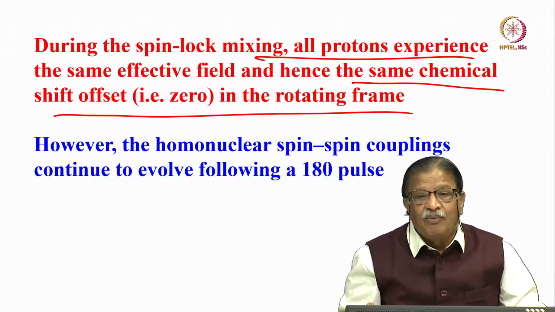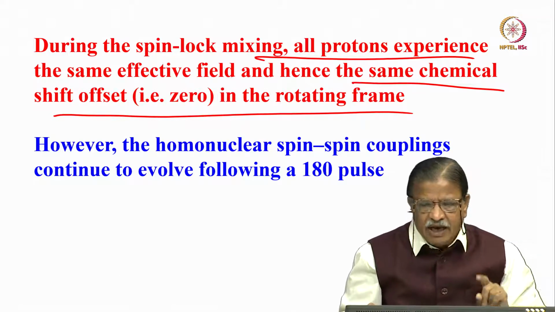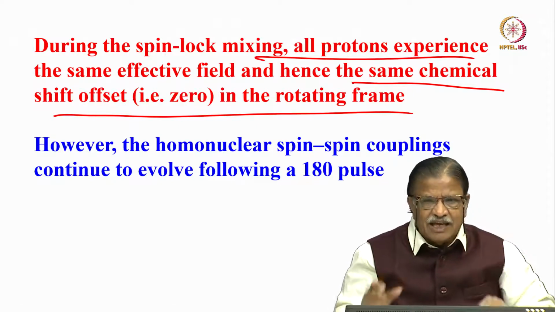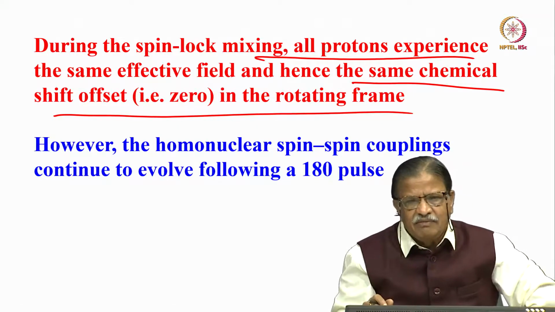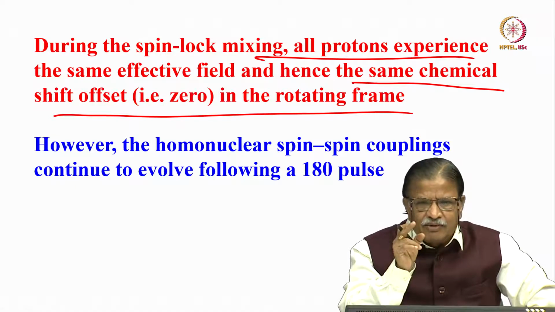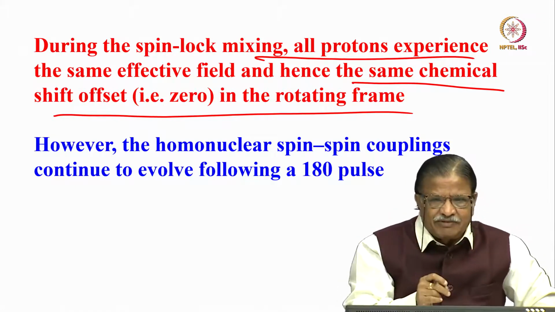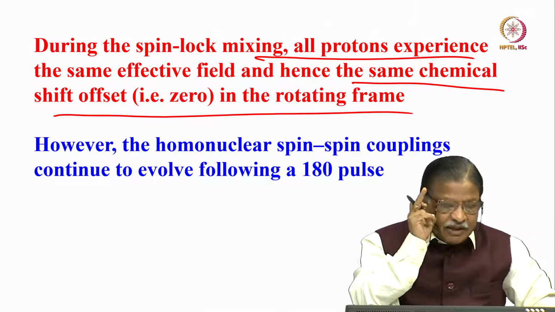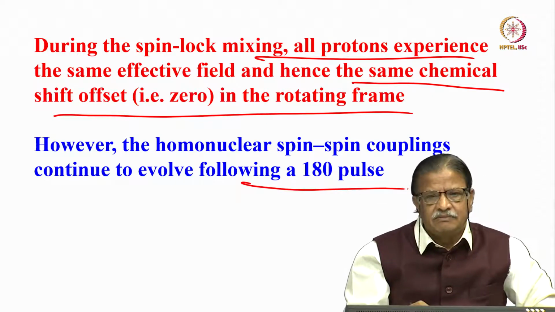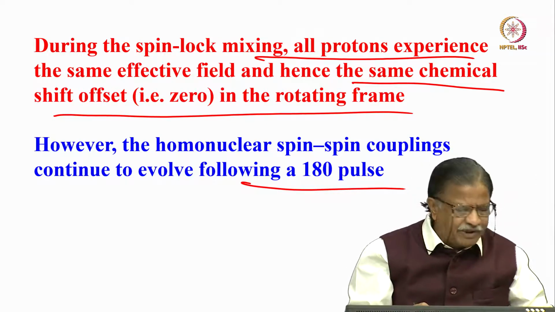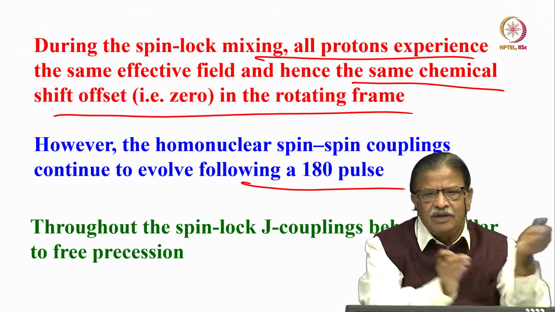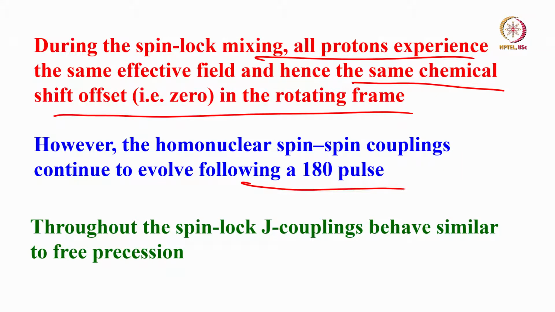So what will happen to couplings? In the spin echo sequence, when we discussed, we clearly mentioned that the homonuclear spin echo refocuses chemical shifts, but not the couplings. The couplings will continue to evolve following the 180 pulse. So throughout the continuous spin lock period of several milliseconds, what is going to happen?